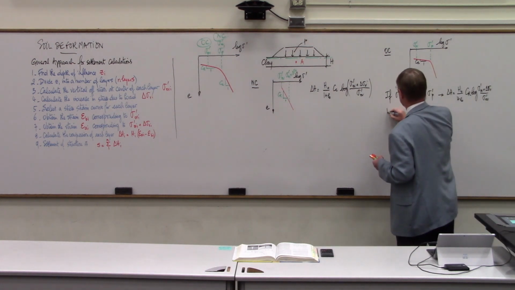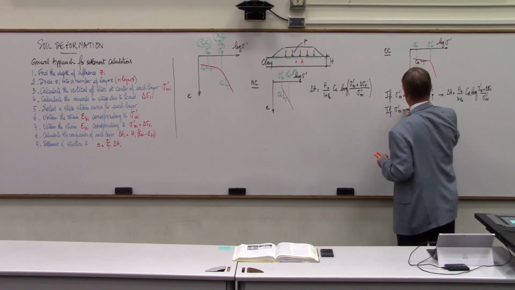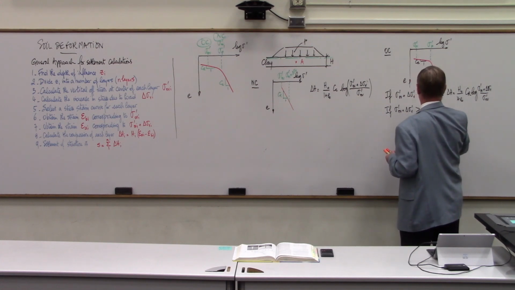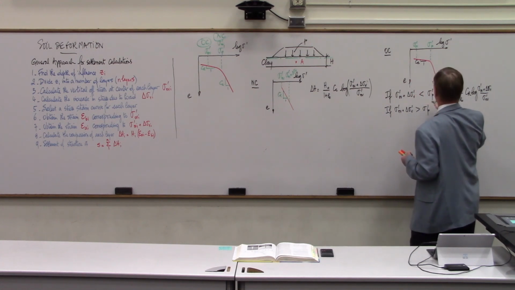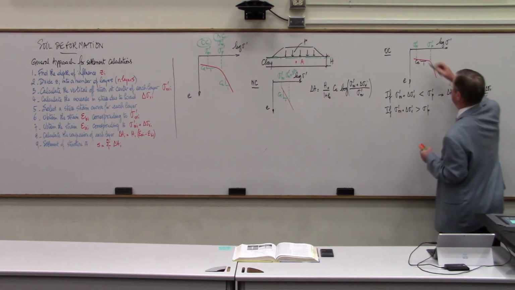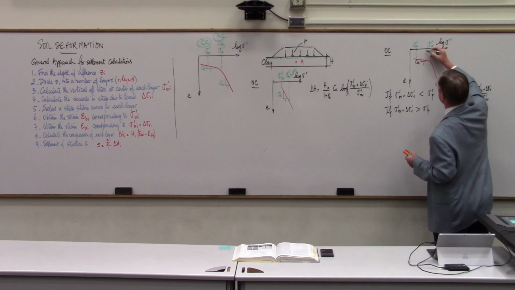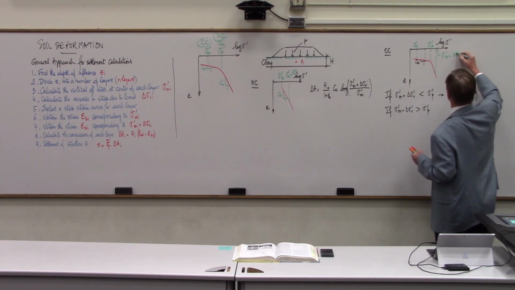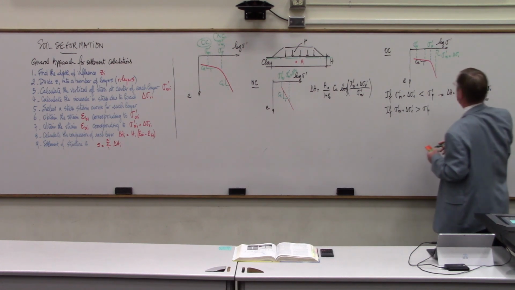If, however, sigma prime OV plus delta sigma prime V is more than sigma prime P, then that means that sigma prime OV is here. So the first case was we were right there, but the second case we're right here. And this is sigma prime OV plus delta sigma vertical.